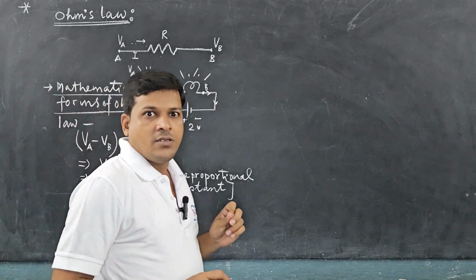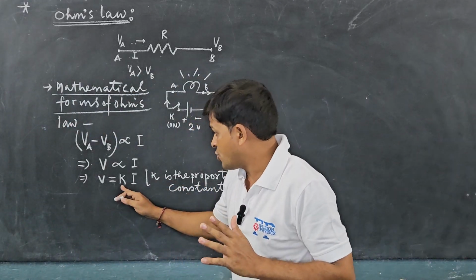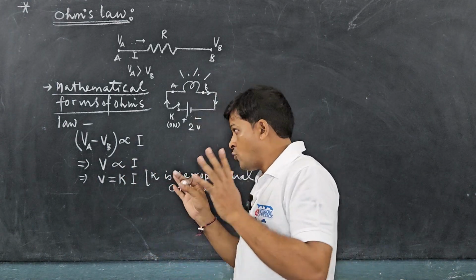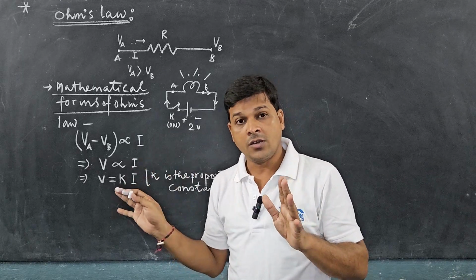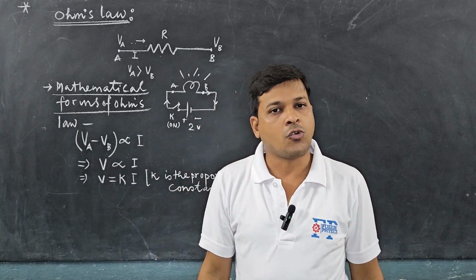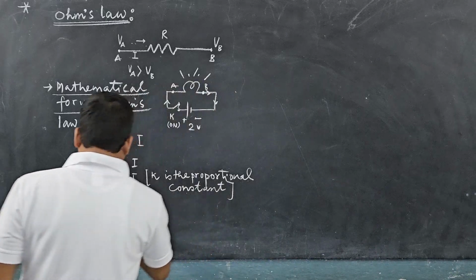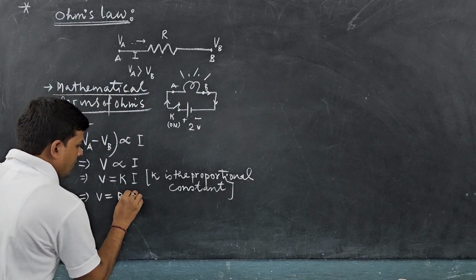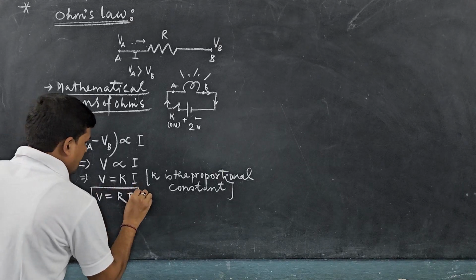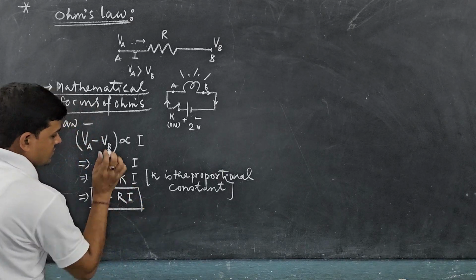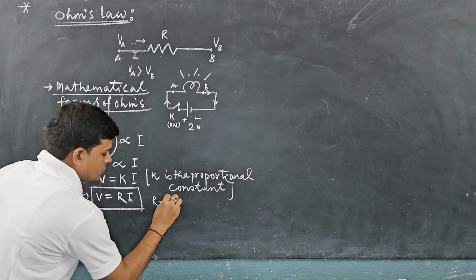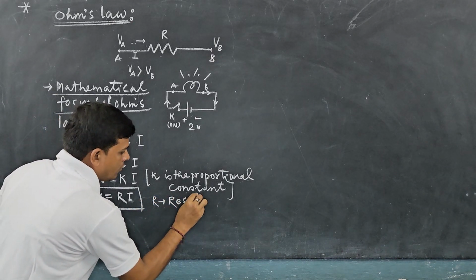That means the nature of this constant is such that it opposes the motion of the electrons as well as the electric current through the conductor. That is written as V equals R I. So R is the resistance here. R is called the resistance of the material of the wire.